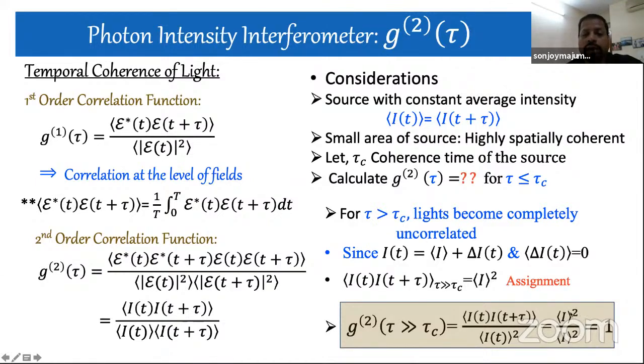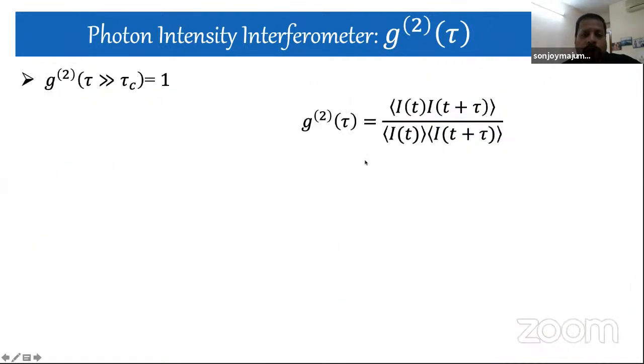So you will get 1. So the G2 function, much after the coherence time or collision time, will be 1. You have to keep that in mind. So in the uncorrelated case, G2 is 1, for tau much greater than tau c.